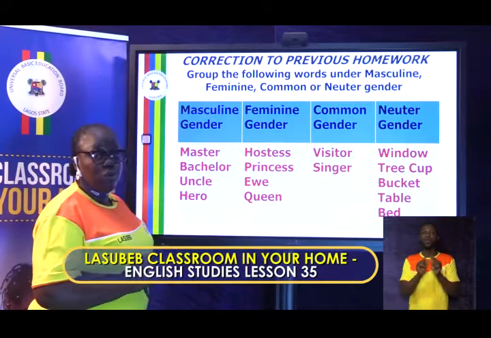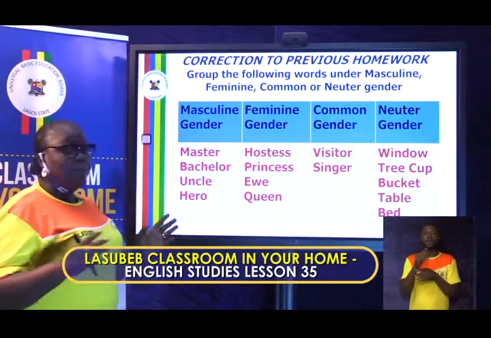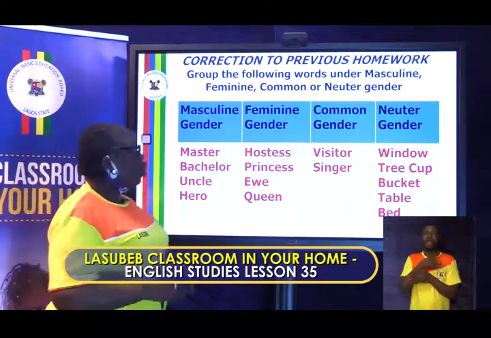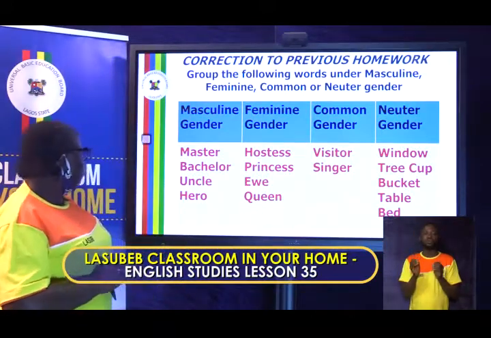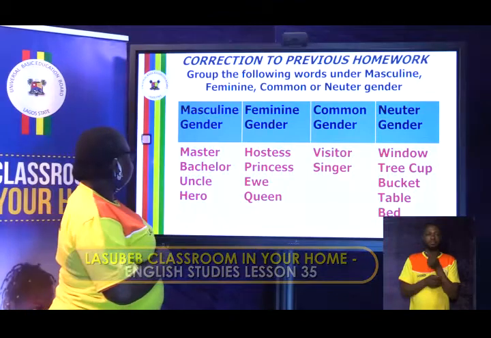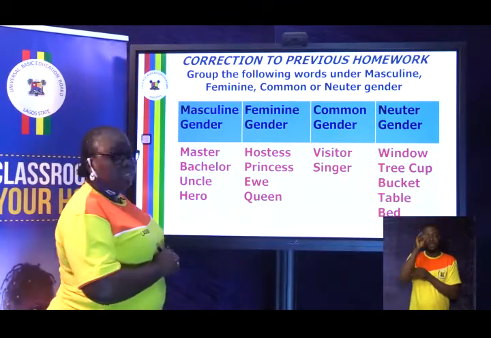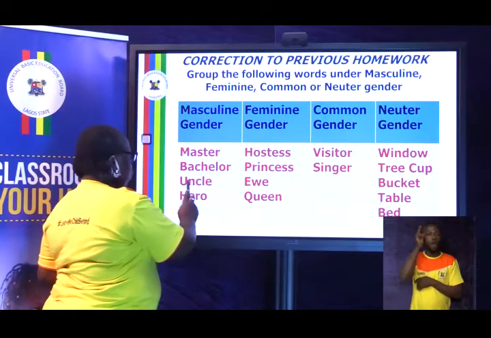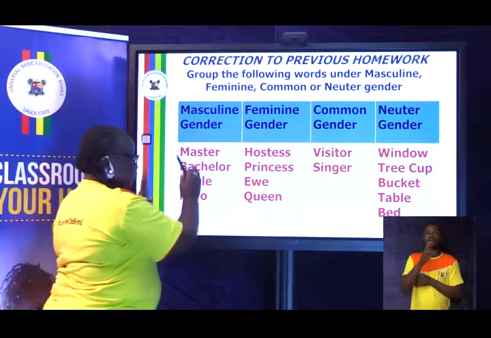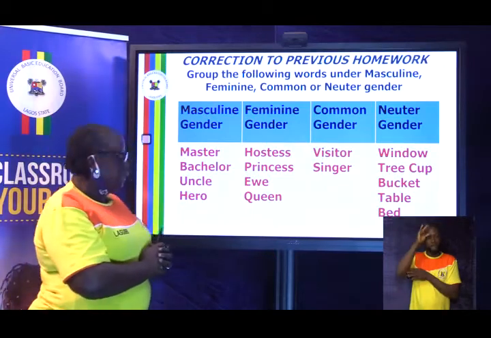You were asked to group some words under masculine, feminine, common, or neuter gender. So, we have it here. Under masculine gender, we have master, bachelor, uncle, hero. They are all under the masculine gender.